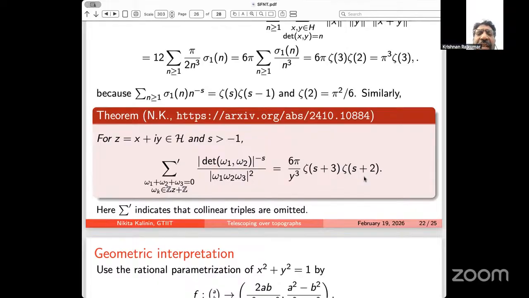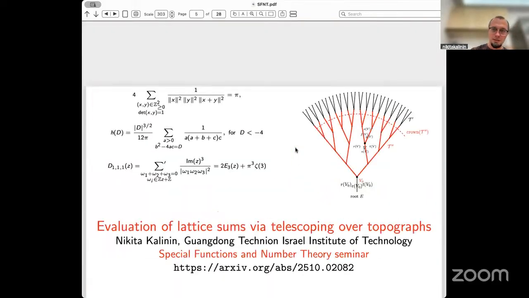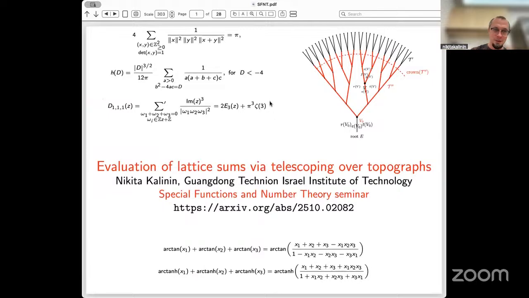Okay, let me also tell you another part of the story. Starting from this identity of Zagier, there is the whole topic of modular graph functions. So this is a modular graph function corresponding to the graph with 2 vertices and 3 edges between them. But you can consider other graphs, and you have such a function for any graph.